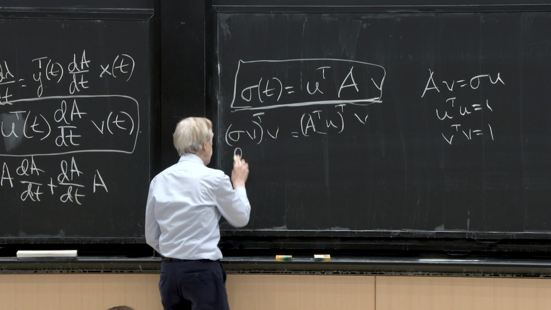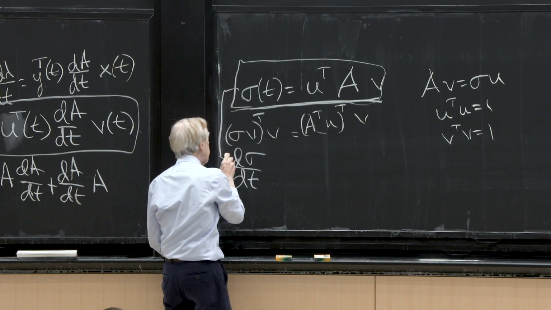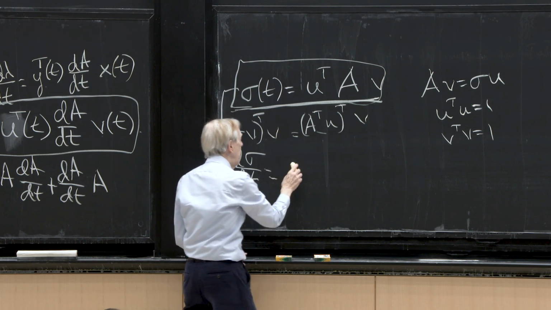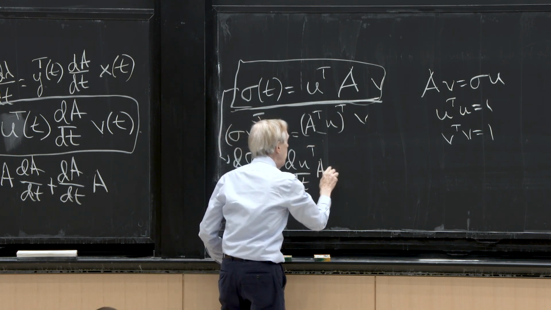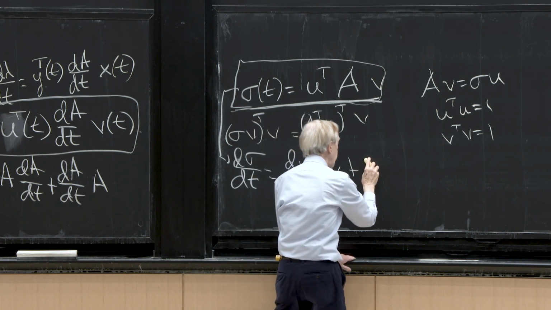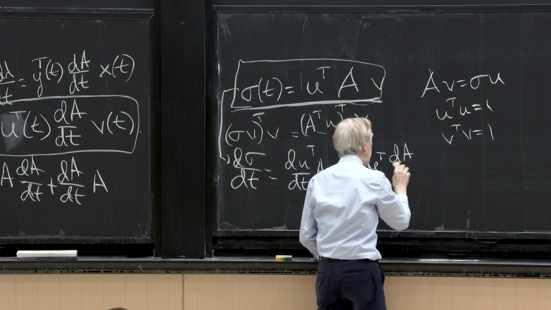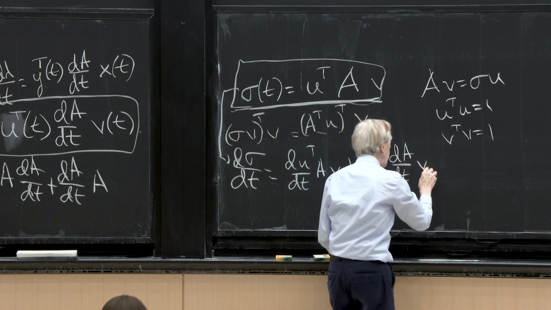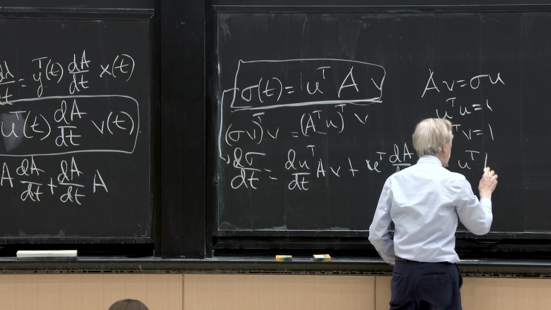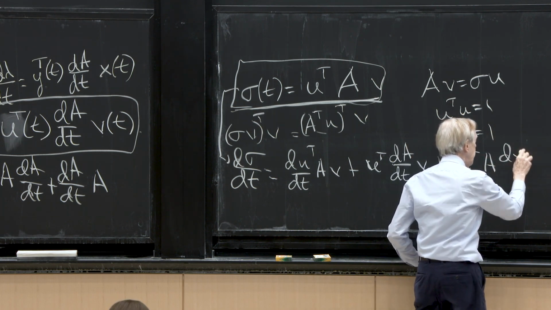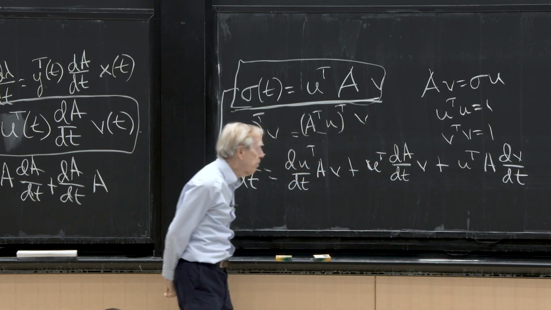So d sigma/dt, coming from the box, is du transpose/dt AV plus u transpose dA/dt V plus the third guy, which will be u transpose A dV/dt. Did I get the three terms there? Yep.